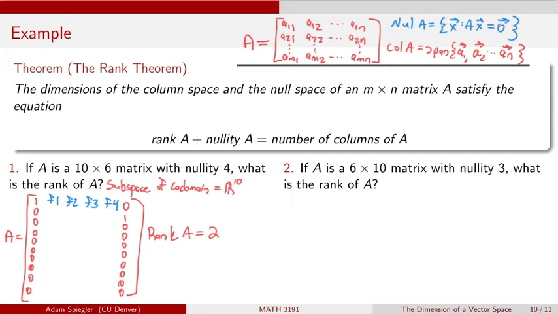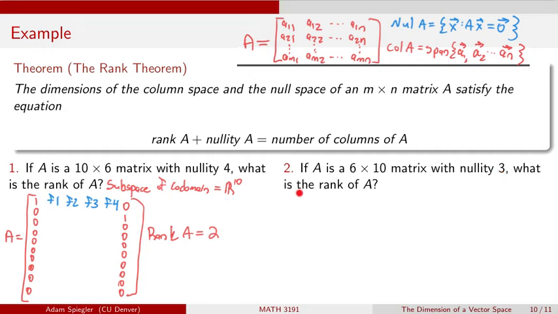So let's consider the next example. So now we're going to switch the number of rows and columns. So let's let matrix A be a 6 by 10 matrix. We have 6 rows and 10 columns in this matrix. And we know that the nullity of this matrix is 3. So out of the 10 columns in this matrix, we know that 3 of them are free.